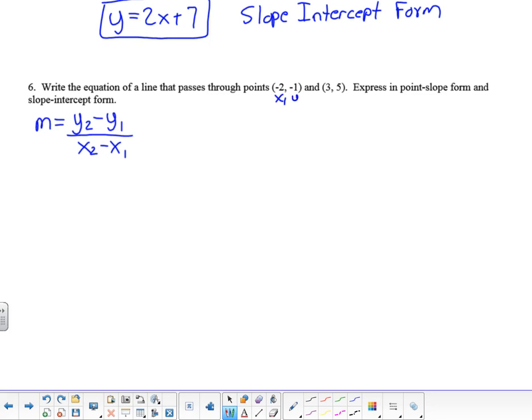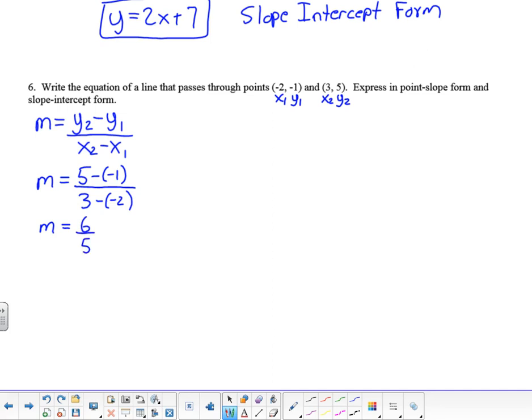It's the rise over run. So let's go ahead and find the slope. That would be 5 minus negative 1 over 3 minus negative 2. And we put that second number in parentheses if it's negative. 5 minus negative 1 is 6. 3 minus negative 2 is 5.